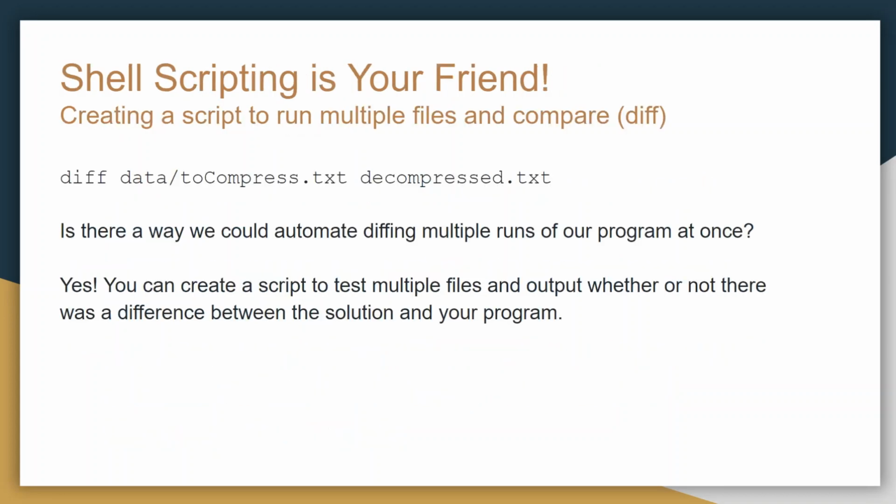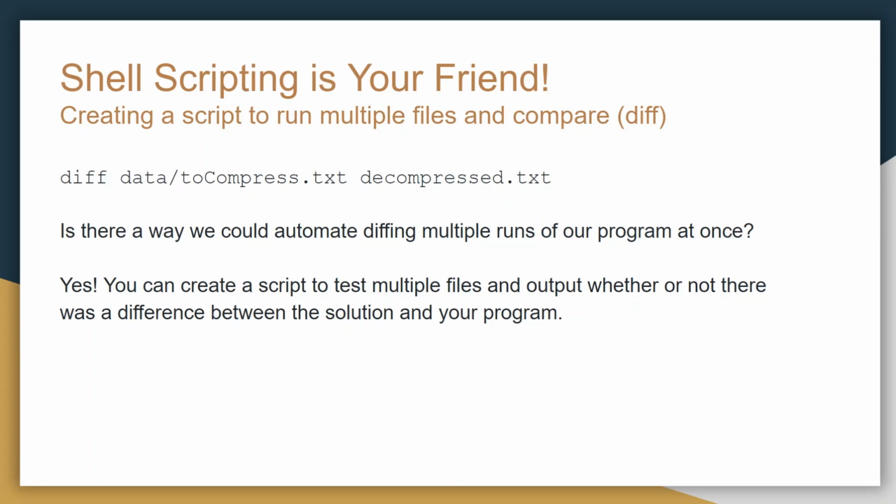Also, shell scripting is your friend. So there's a couple of ways of testing, right? We have our unit tests, but we can also diff our files with the reference solutions that you're provided with to see if our solution matches. So for that, you could just diff the two different files, the compressed one created by your version and the compressed one created by the solution. But you could also write a shell script to run through multiple tests at once and then give you feedback.